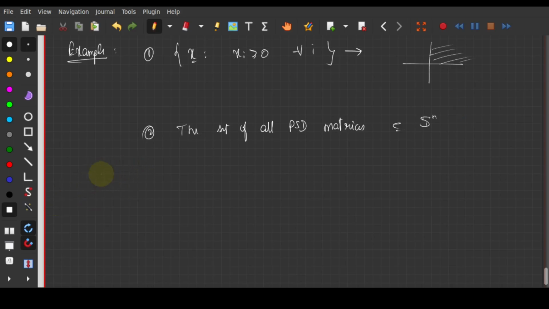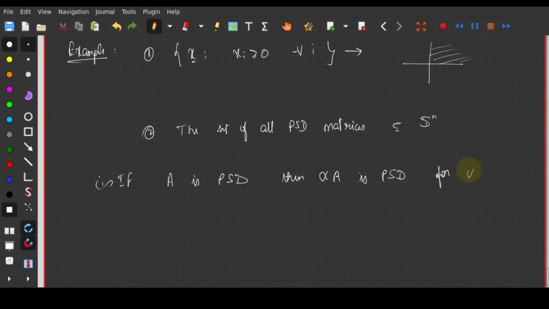Right? So if you have A, which is positive semi-definite, then alpha times A is also positive semi-definite. All right, and can you recall why this is true?